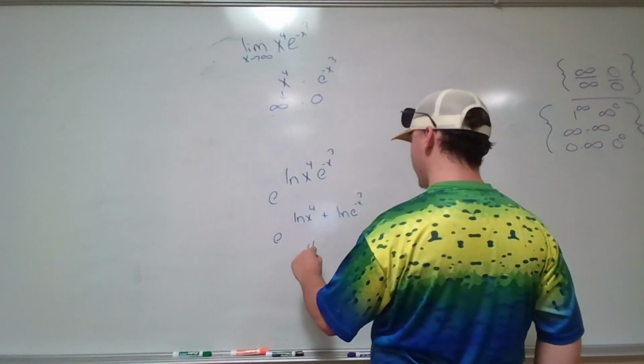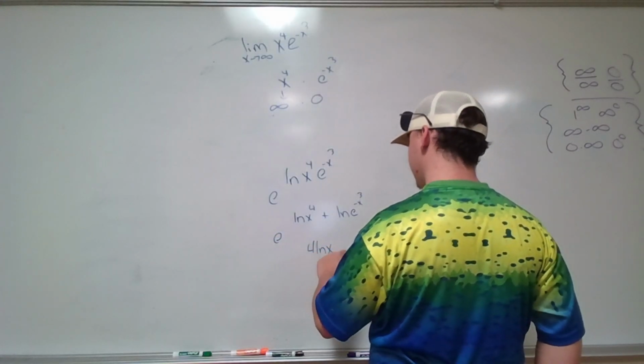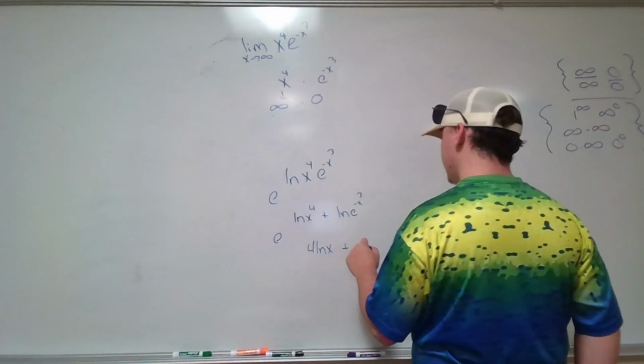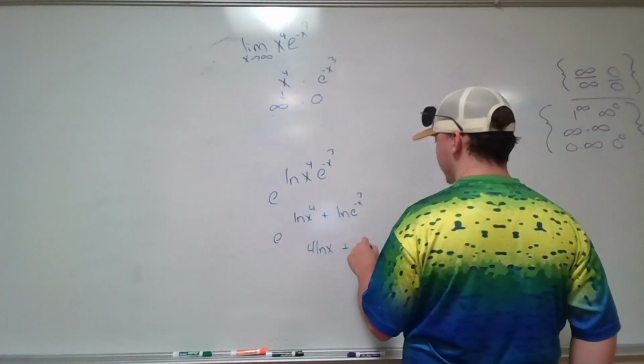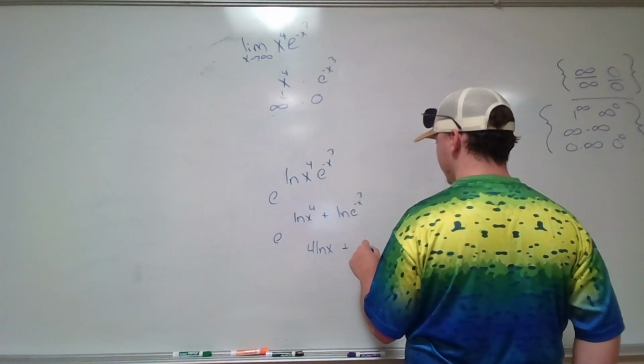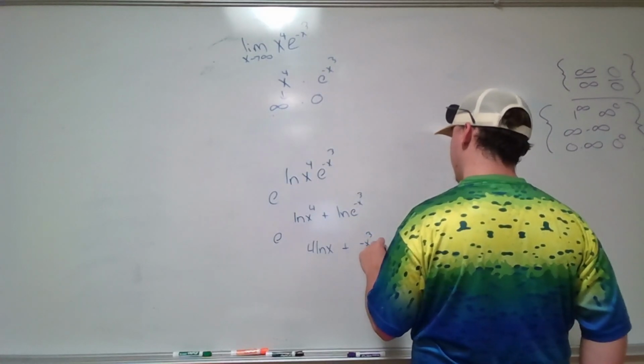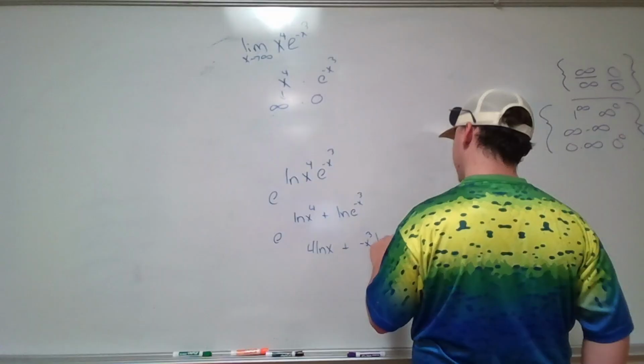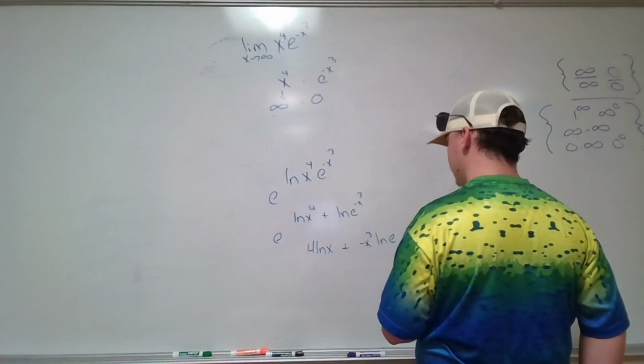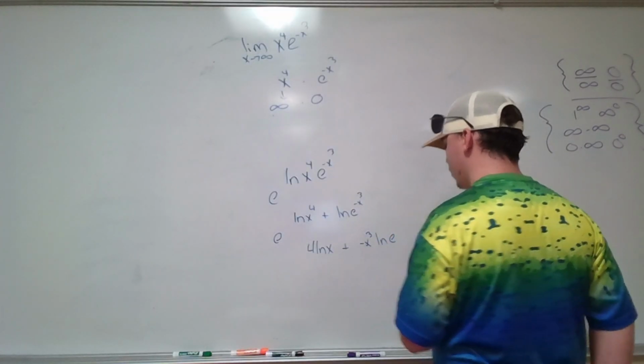Now we can get 4 ln x plus negative x cubed.